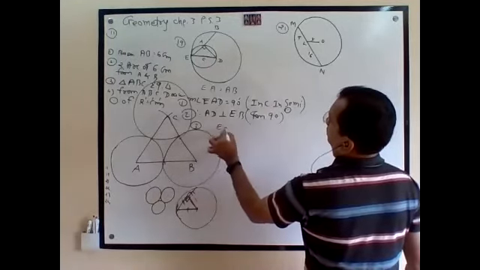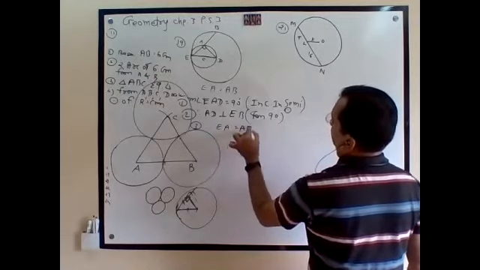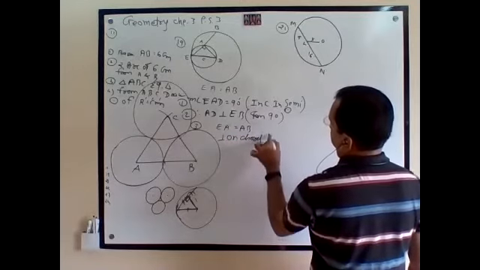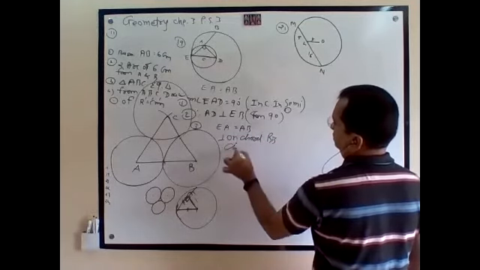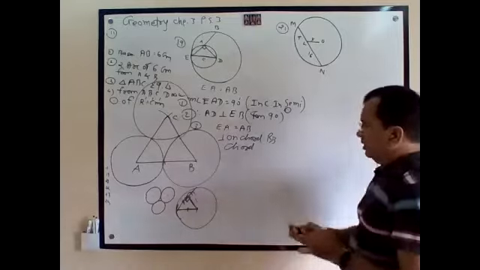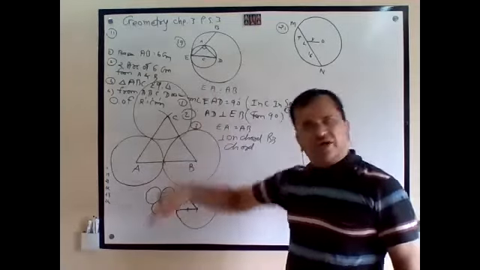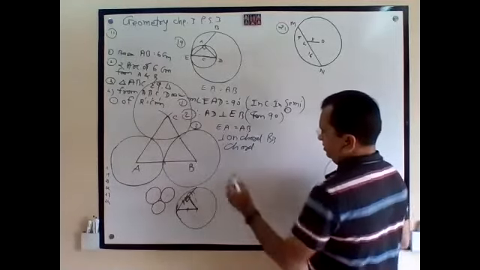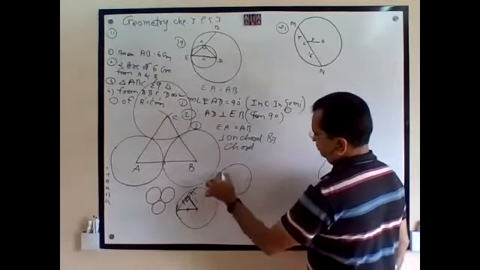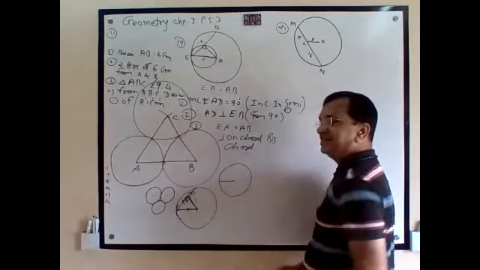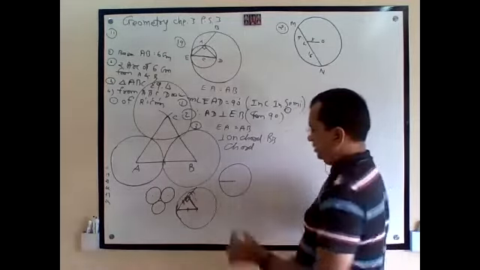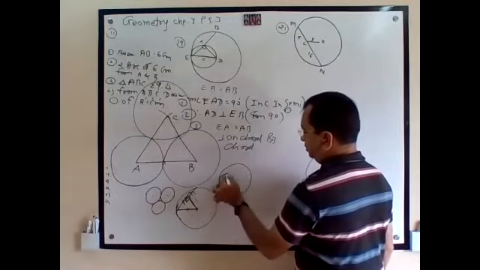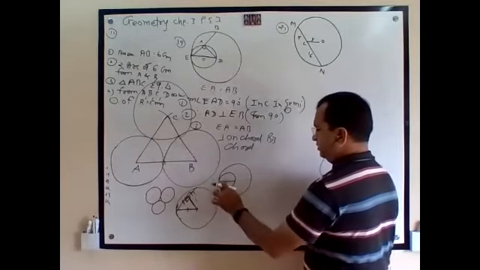Therefore EA is equal to AB, perpendicular bisects. When we draw a perpendicular on a chord, always it bisects the chord. Again, this is a big circle. This is a radii of the smaller circle, now it becomes the diameter of the smaller circle.